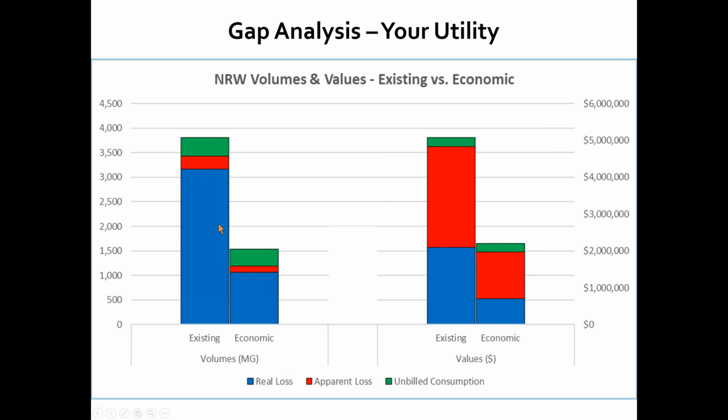If we can understand that on the subcomponent level, on the blue, the red, and the green, then we can make a targeted plan towards reducing from the current state to what would be economic.